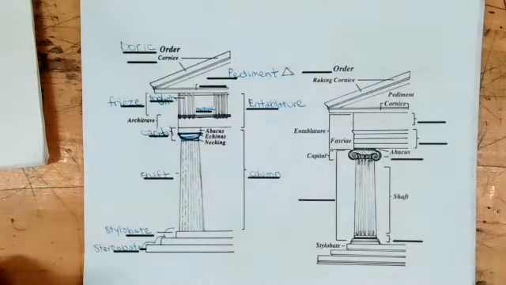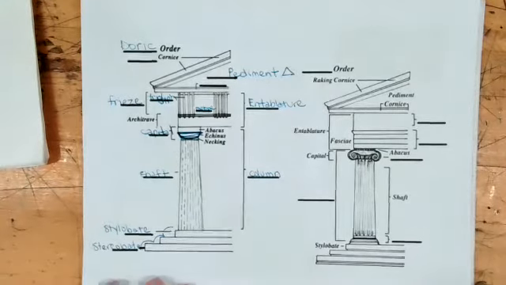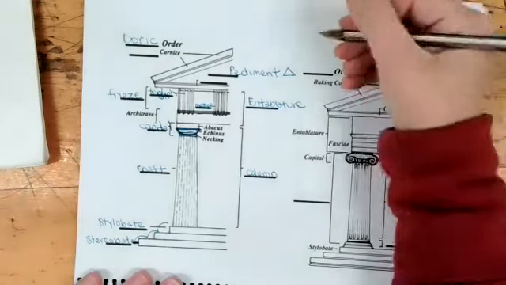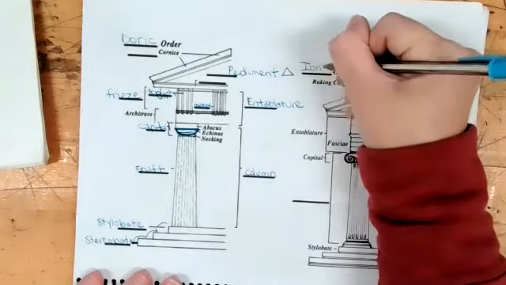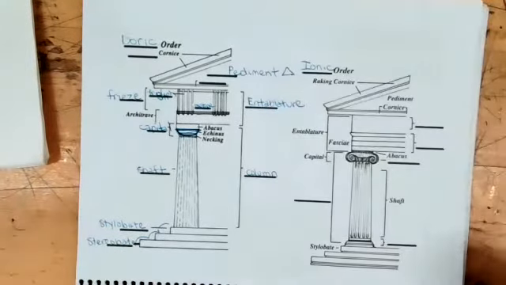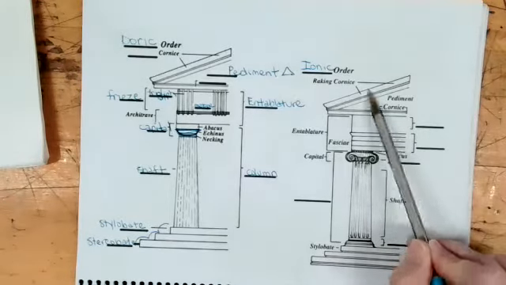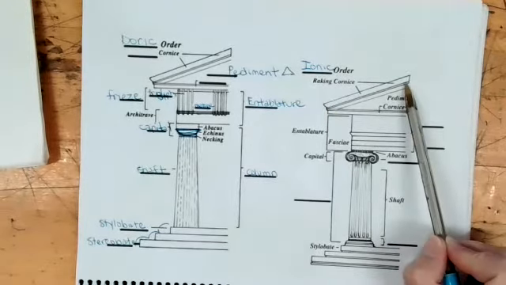Okay. As we move on to the next one, a lot of the vocabulary is going to remain the same. This one over here is the Ionic order, developed in the Ionian Islands. It too has a pediment. It also has this added part here, and you see this in a lot of homes and decorations.